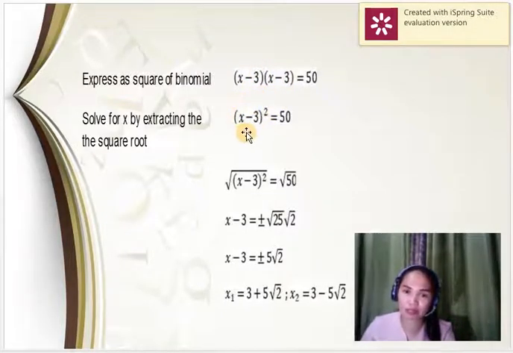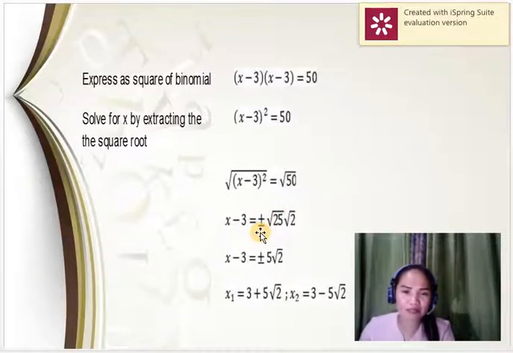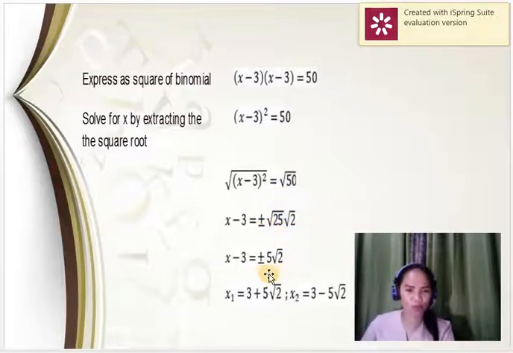Then you apply the square root property. That will result in x minus 3 is equal to positive and negative the square root of 25 times the square root of 2.